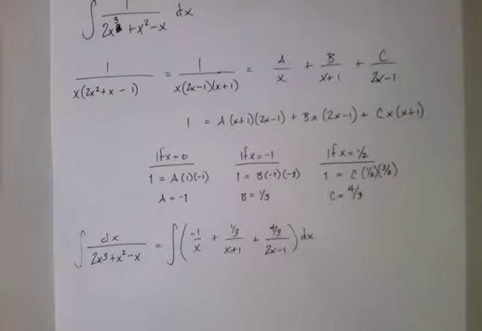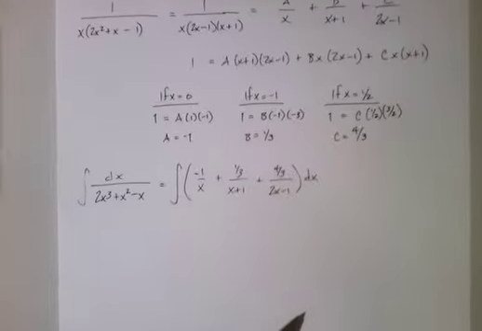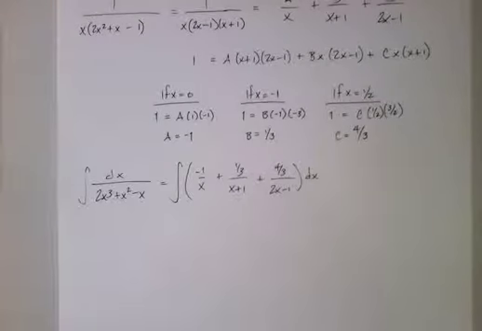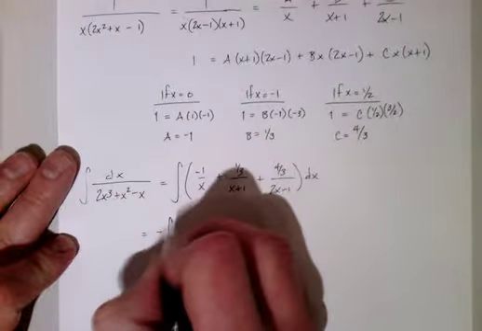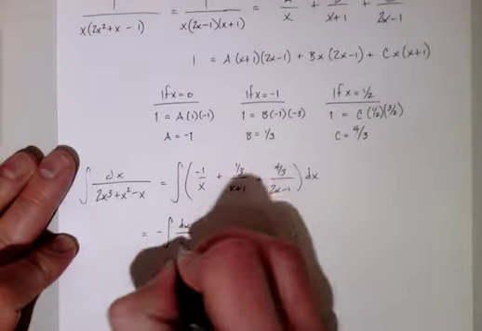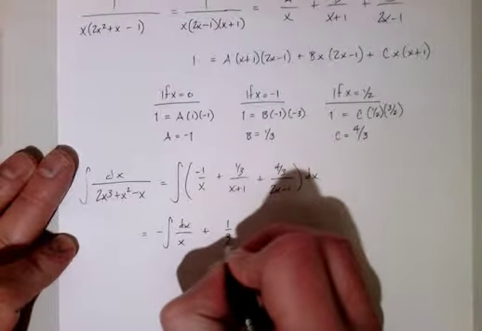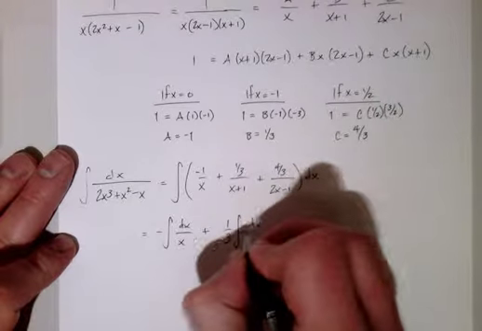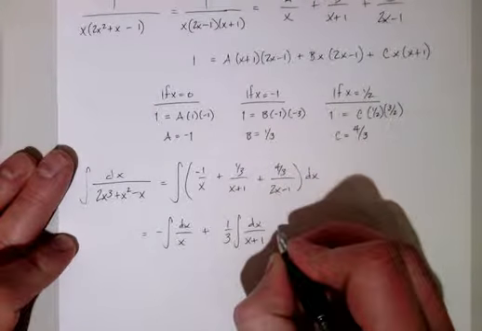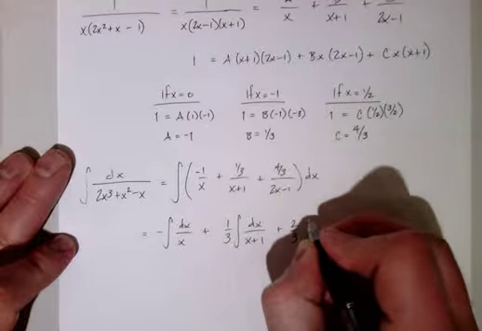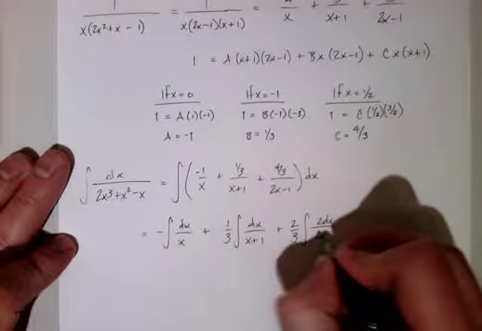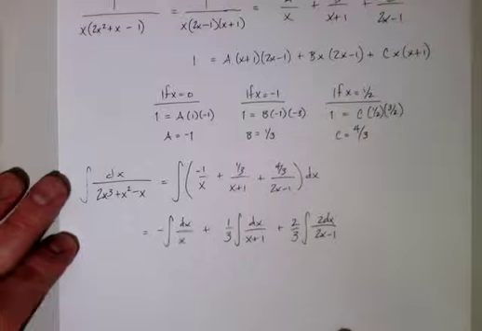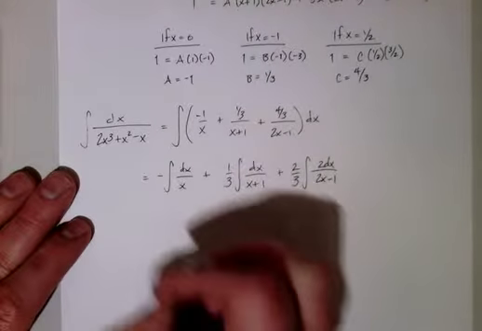And with the exception of finagling a little bit with the coefficients, that winds up being just 3 natural log integrals. So this winds up being negative dx over x plus 1/3 dx over x plus 1 plus 2/3, because I have to leave a 2 behind in order for the numerator to be the derivative of the denominator.